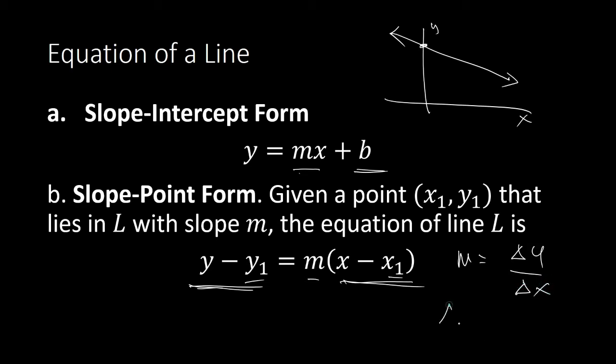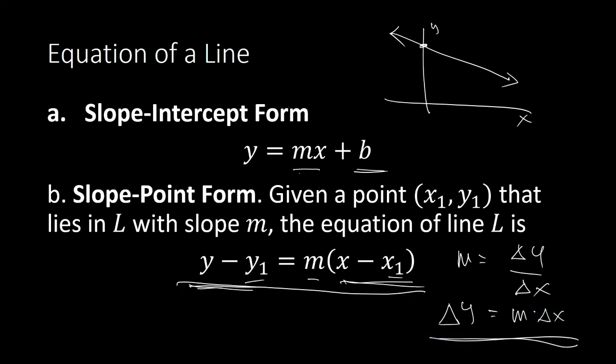This means that change in y is equal to, cross multiplication, m times the change in x. And if you were to look at this and this, they are basically the same. So again, if you are confused about which terms should be written on each side of your equation, just go back to this. The slope is equal to change in y over change in x.